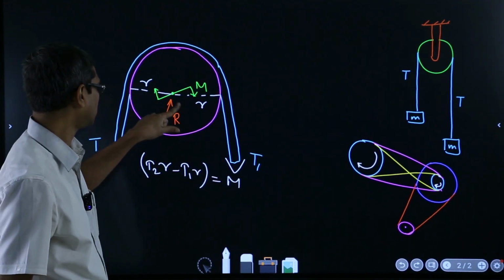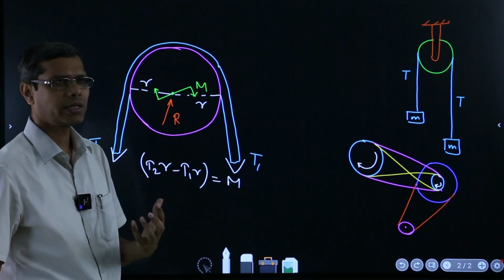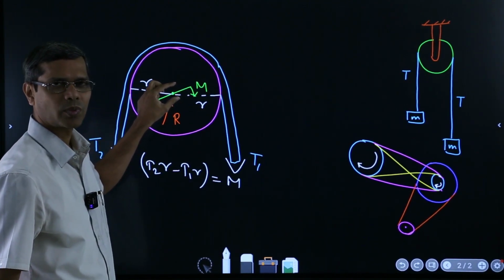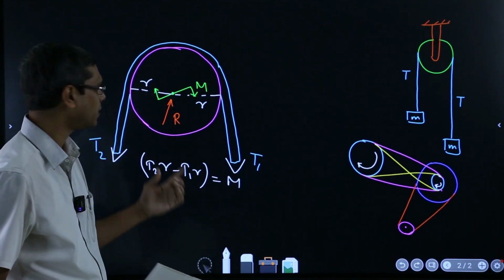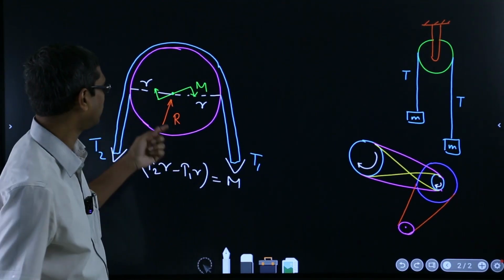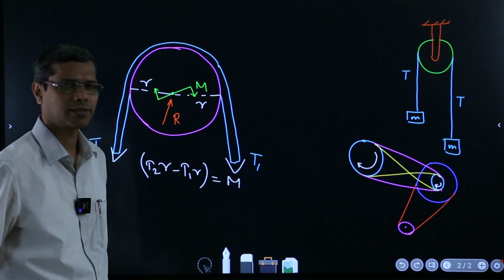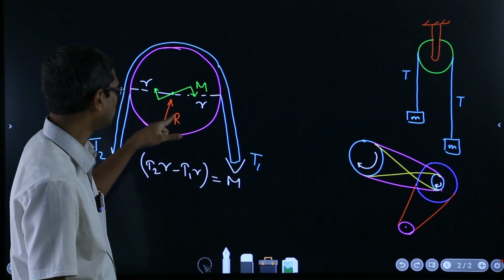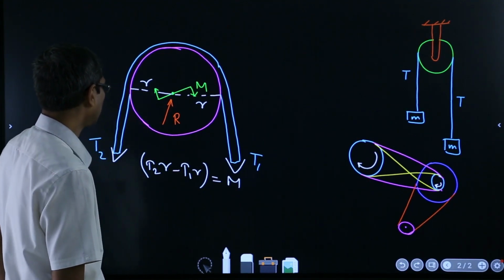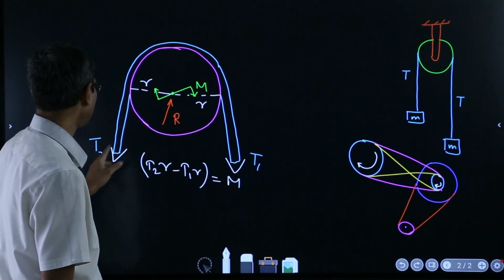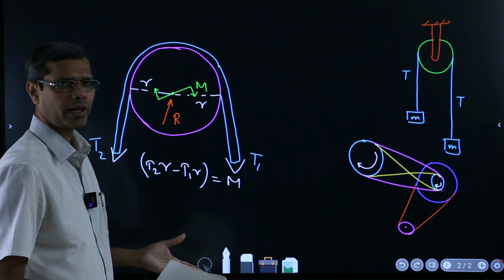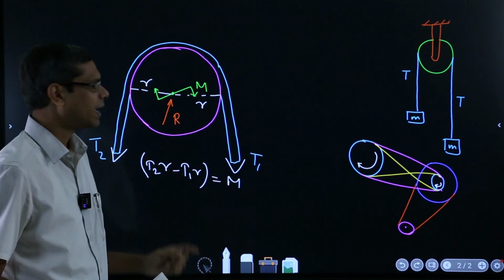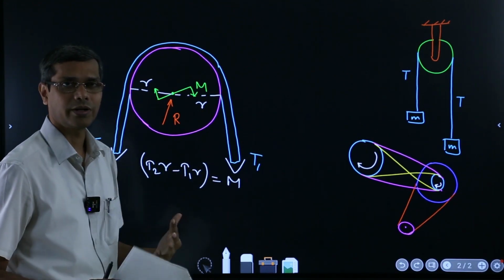This reaction force should be studied in order to design the pin which should be used here, so its strength should be sufficient to withstand this reaction force R. Other than that, there is no such significance of this force R. But more important is this moment, which is resisted by the difference of these tensions, and that is why these tensions must be different.